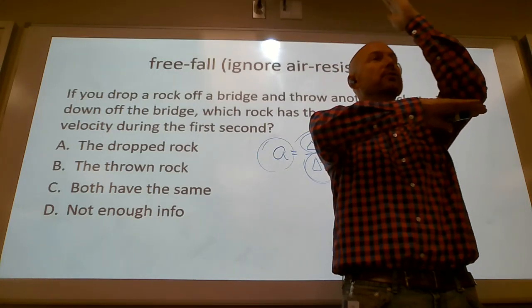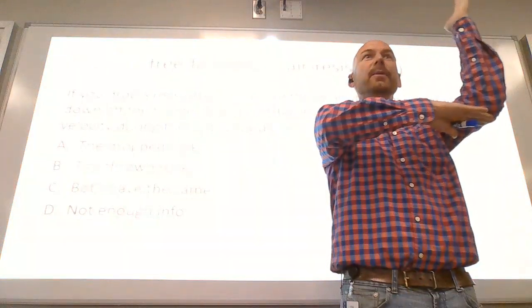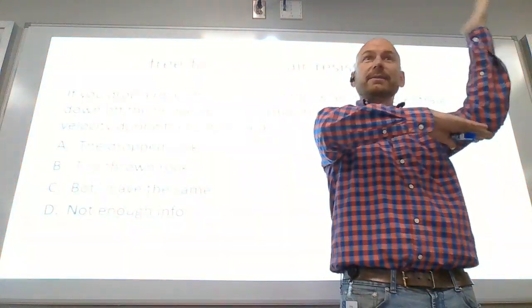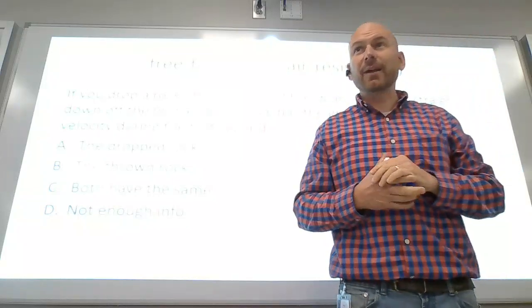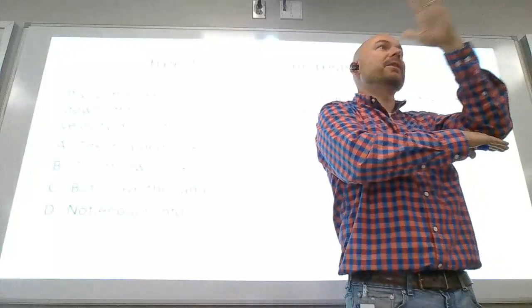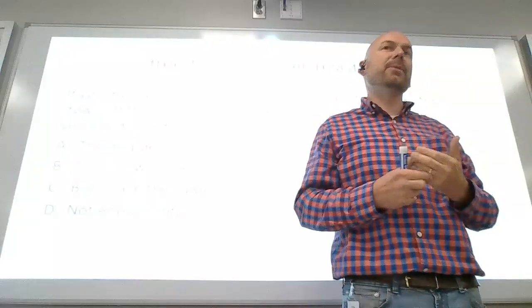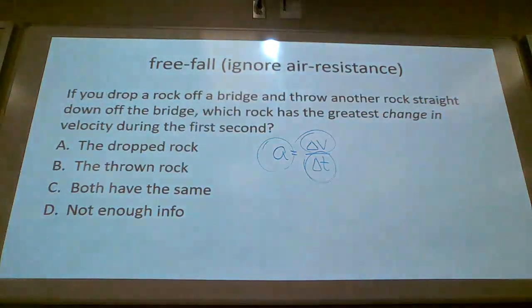The thrown rock goes from, I'm making this up, 20 meters a second to 30 meters a second in 1 Mississippi. Both experience the same change in velocity. The thrown rock is definitely going faster, but the change, how much it was changed by, is the same as the dropped rock. You see the difference between the final velocity and the change in velocity. That's a distinction to be made. Okay.